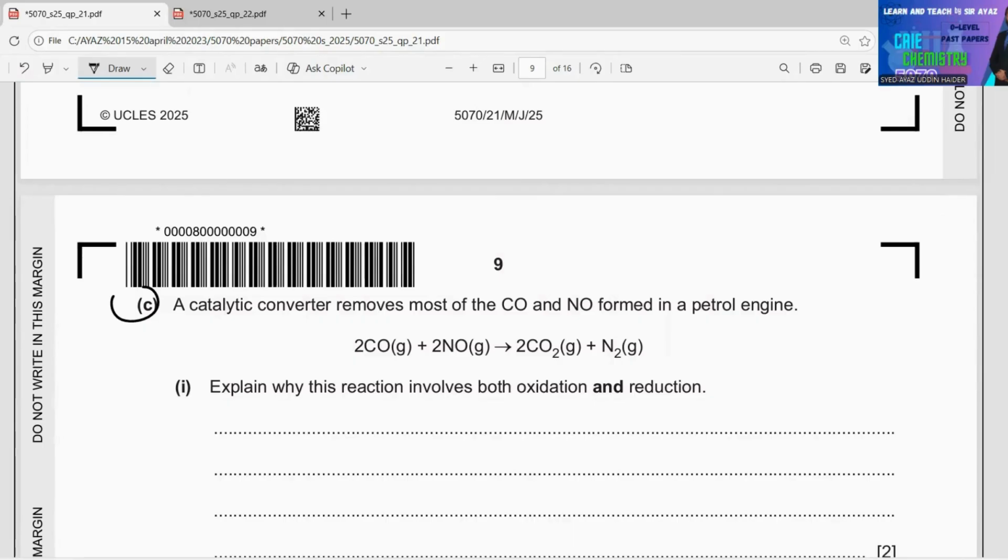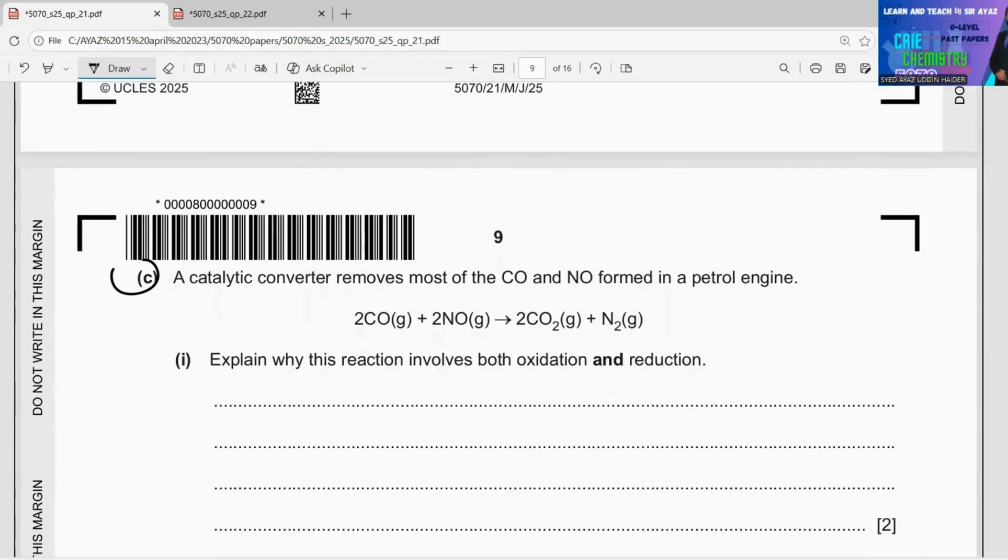Now if you look at the question and reaction equation, you can straight away explain according to the marking key in terms of loss and gain of oxygen.